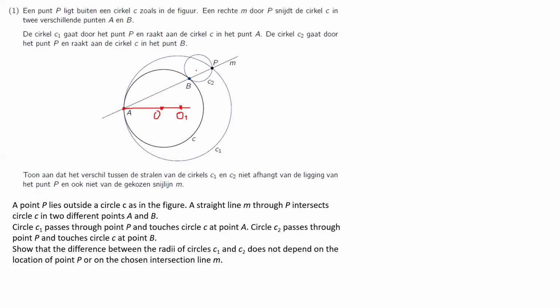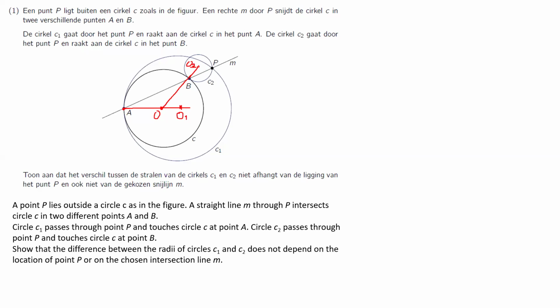And we draw again a tangent line through B, where it passes over O and B, and also the center of C2. So we say O2 is the center of C2.